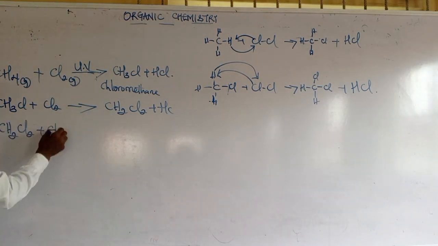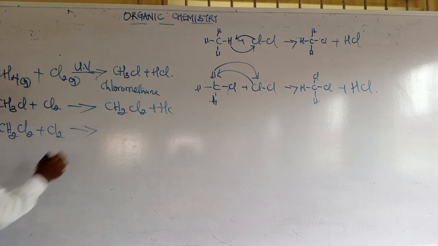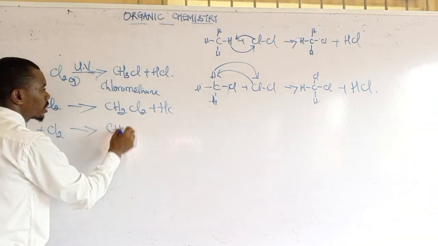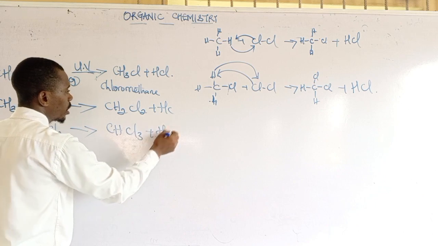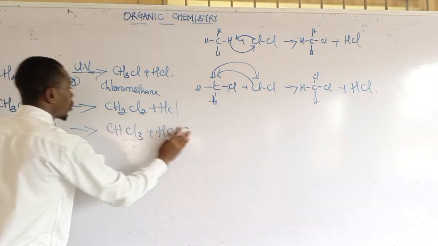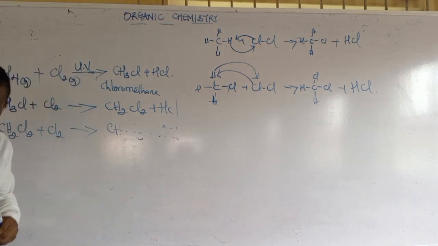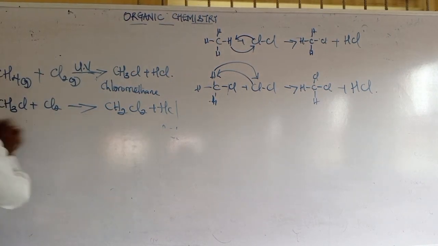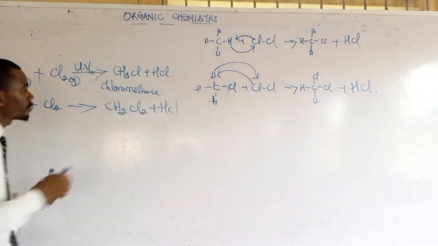CH2Cl2 goes for another round of reaction. This second one is called dichloromethane.